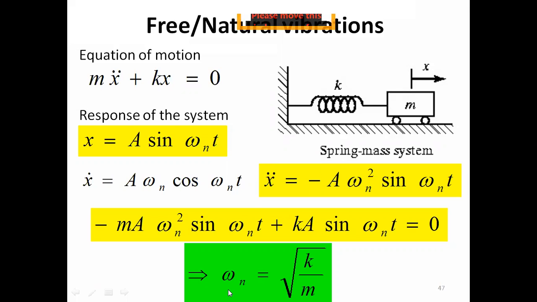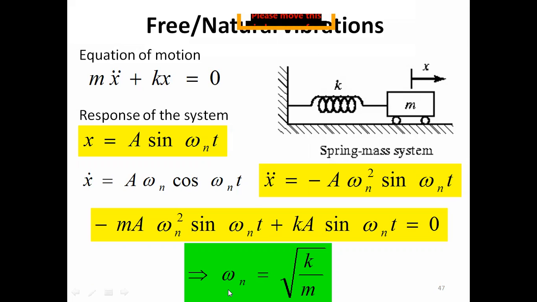Fundamental is actually the lowest frequency of the system. Real systems are continuous systems. They are distributed. They have an infinite number of degrees of freedom, which means they have an infinite number of natural frequencies. But the system has a lowest frequency, and that lowest frequency is one.